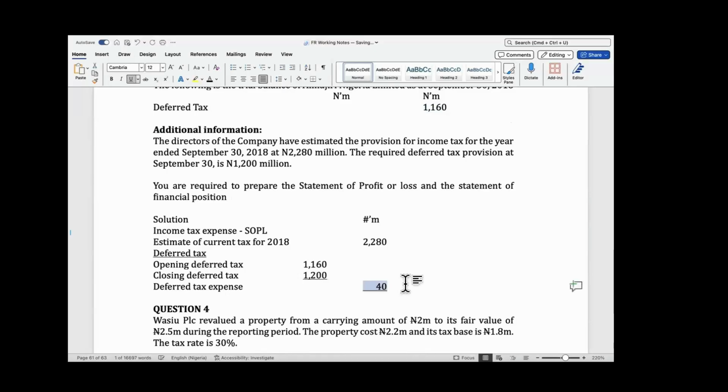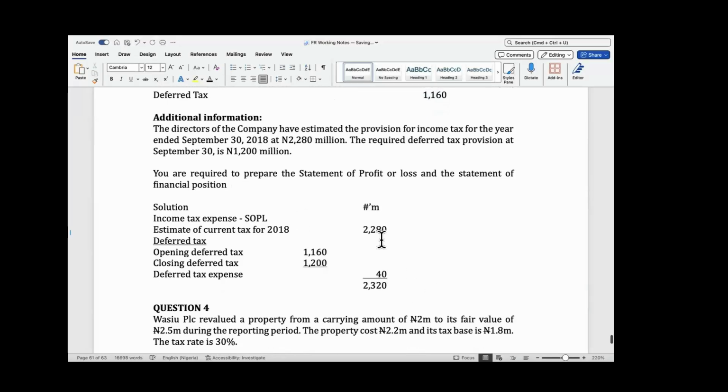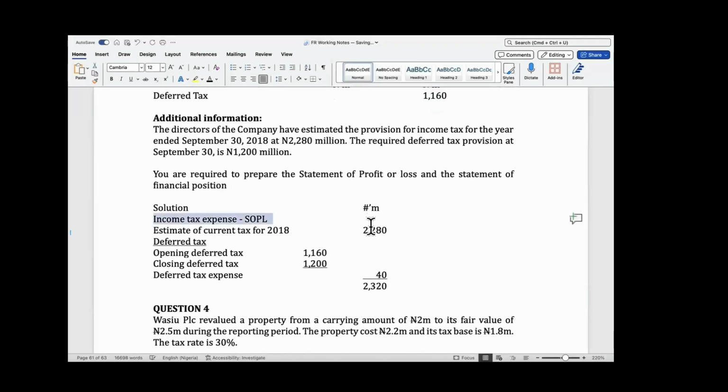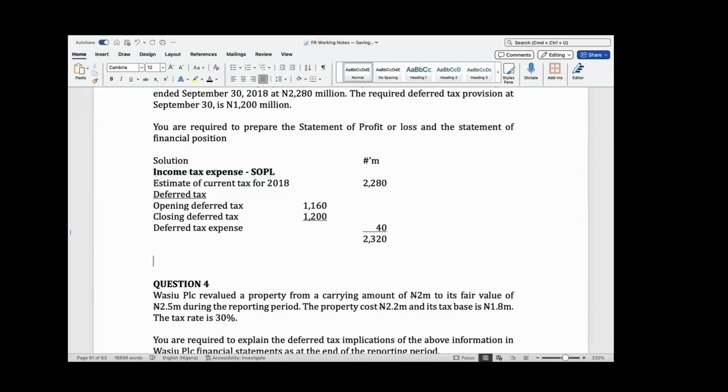So my income tax that goes to P&L is simply 2320. And my statement of financial position.